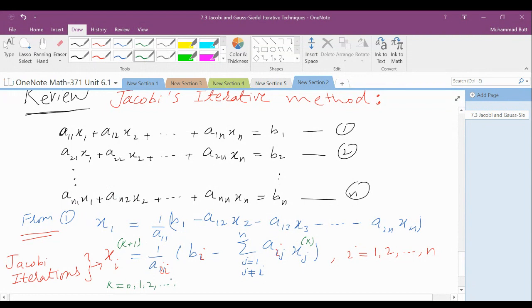Okay, so this is the Jacobi iteration method I have reviewed for you, because we are going to make a MATLAB code for this.